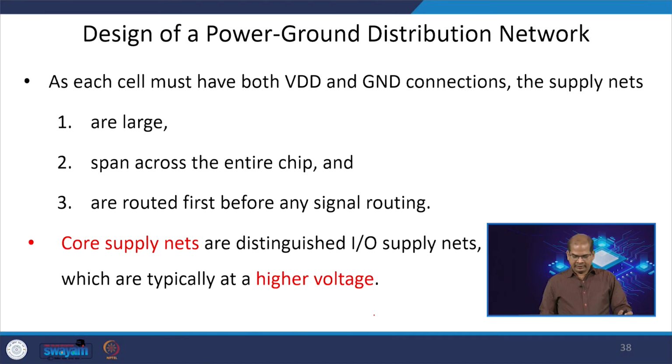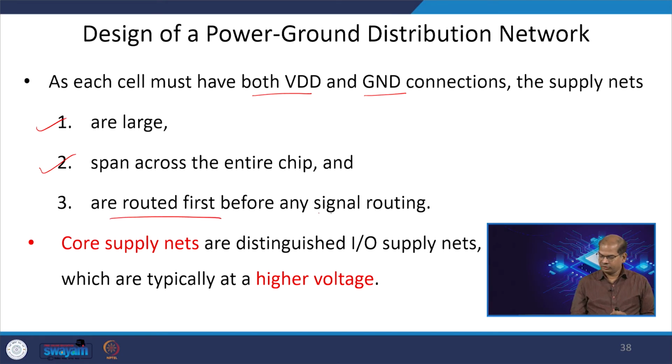Now, we will go into how we can design the power and ground distribution network. Each cell must have power, that is VDD and ground connections. These connections of the supply nets are large, and they should span through the entire chip. Remember that the power distribution network is routed first, before your signal routing, because it has more priority.